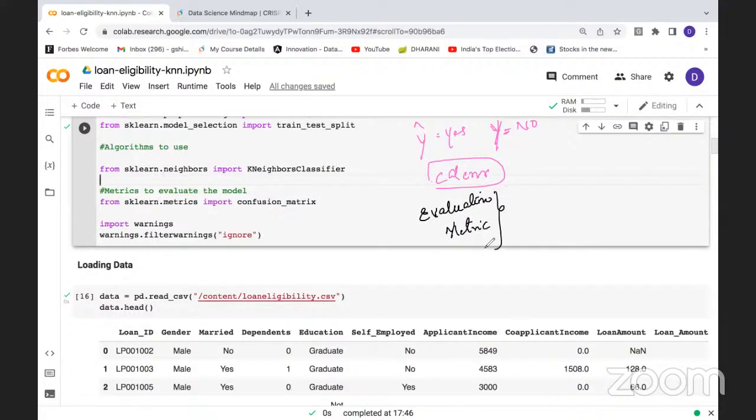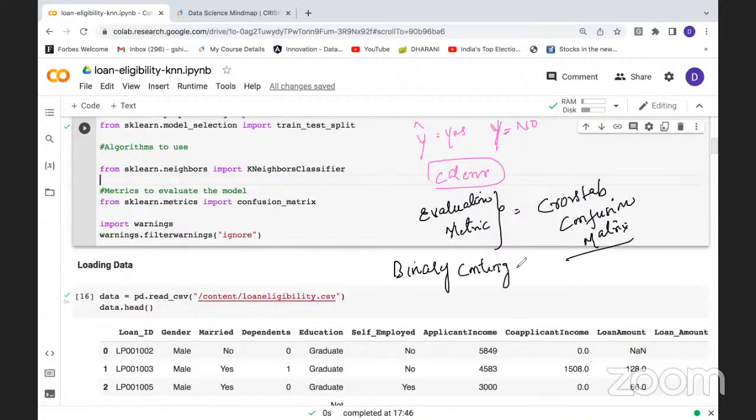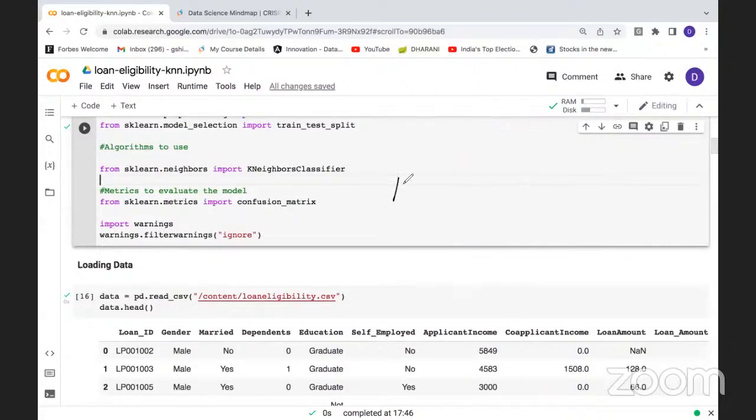The evaluation metric here is called crosstab or confusion matrix. It is nothing but a binary contingency table. It takes actual values and predicted values.